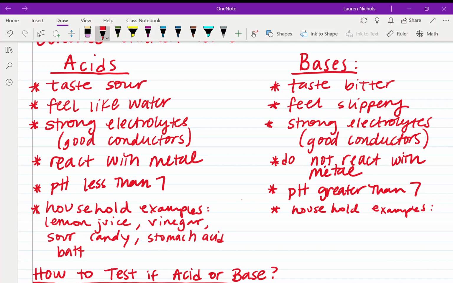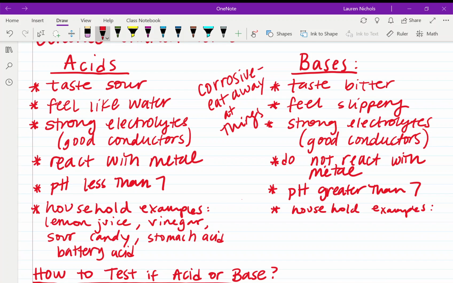Battery acid is found in the battery of your cars and in regular AA and AAA batteries, which is why if you've ever seen a really old battery explode, that's because acids and bases are both considered corrosive, meaning that they eat away at things, especially the acids when they're in metal. So eventually old batteries explode and do that.